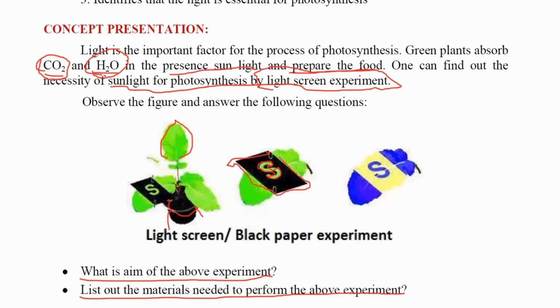The main apparatus we need to conduct this experiment: number one, a healthy potted plant which has broad leaves.